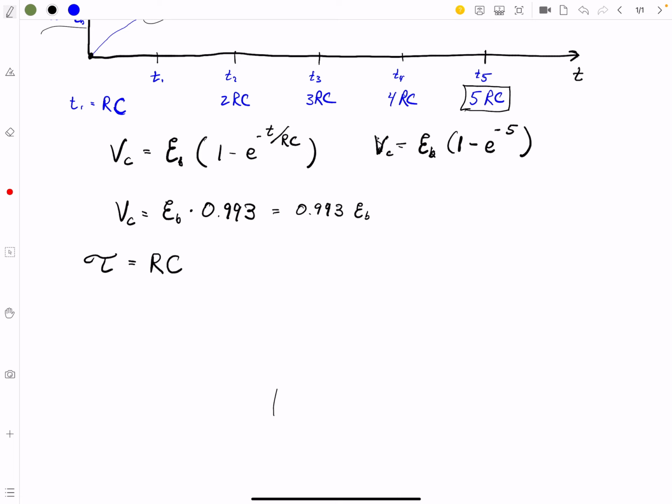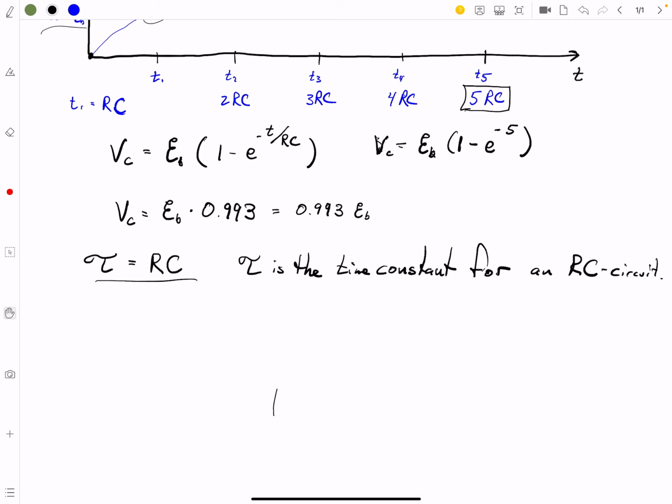Tau is the time constant for an RC circuit. Okay, how does this make sense? T equals RC. Well, let's think about it for a second.